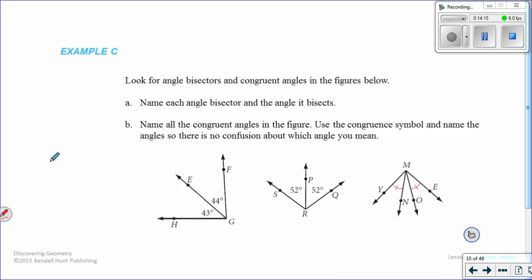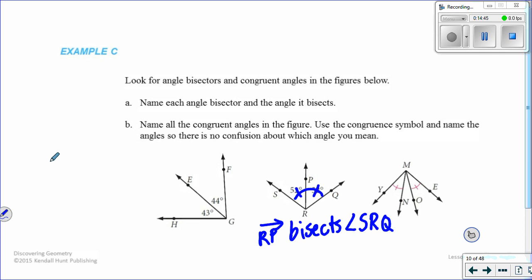So I would say that ray RP bisects angle SRQ. So ray RP bisects angle SRQ because it cuts it into two equal pieces. If I wanted to note that, I would just do this.